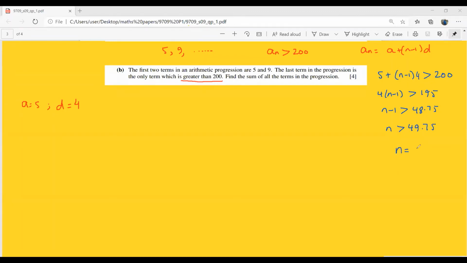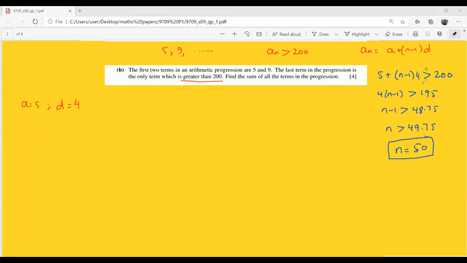Yes, n should be, yes, this n should be 50. It should be 50. Obviously, suppose if you change this greater than sign with the equal mark, like suppose instead of this, you have the equal mark here.